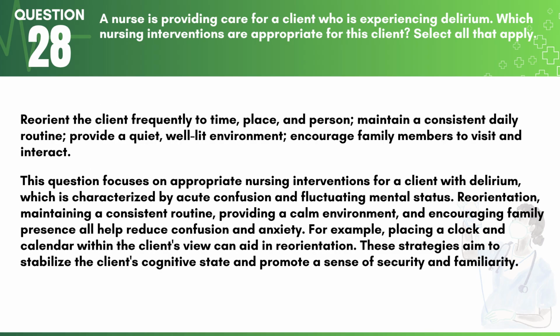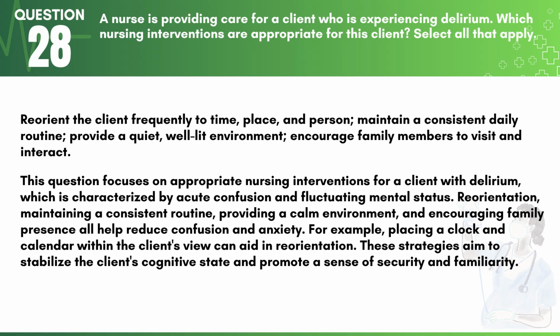Answer. Reorient the client frequently to time, place, and person, maintain a consistent daily routine, provide a quiet, well-lit environment, encourage family members to visit and interact. This question focuses on appropriate nursing interventions for a client with delirium, which is characterized by acute confusion and fluctuating mental status.